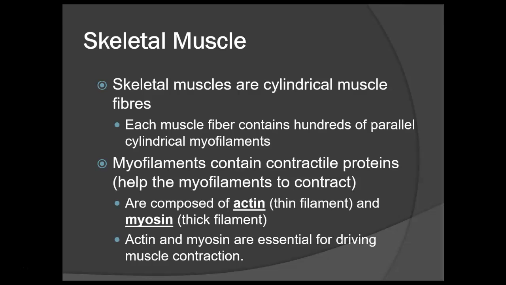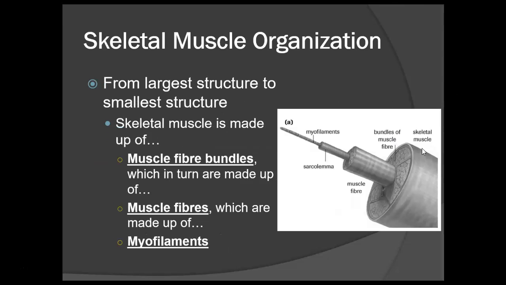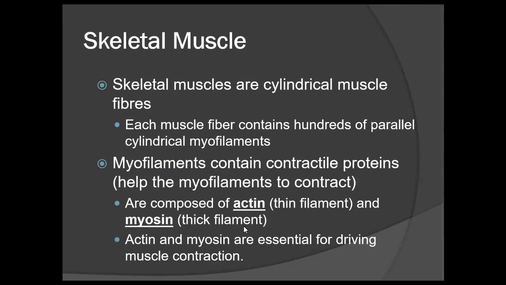That's what I need to know, is that these skeletal muscles are arranged into bundles of these muscle fibers, and a muscle fiber bundle contains a bunch of myofilaments that are stacked together, and they're basically specialized cells that are designed to contract and relax, and it's all aided by these special proteins called actin and myosin.